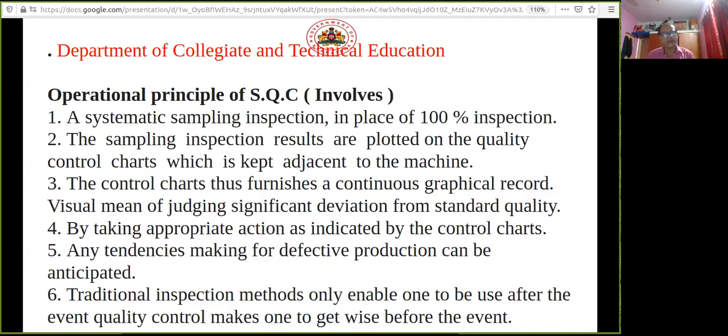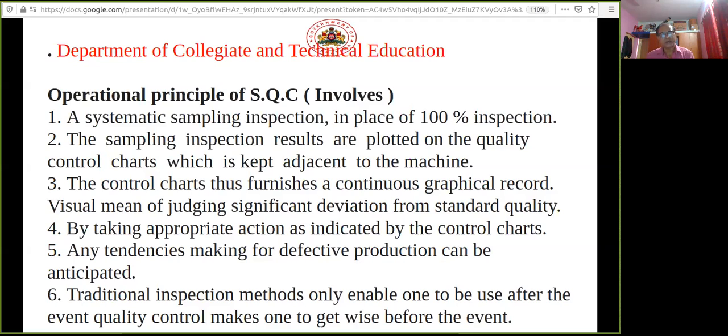There are many quality control charts, like X bar R chart, P chart, NP chart, C chart, and so on. These charts are classified into two categories, which you will study in the next chapters.